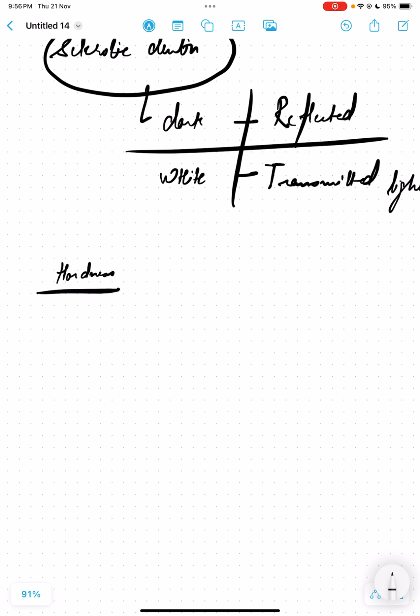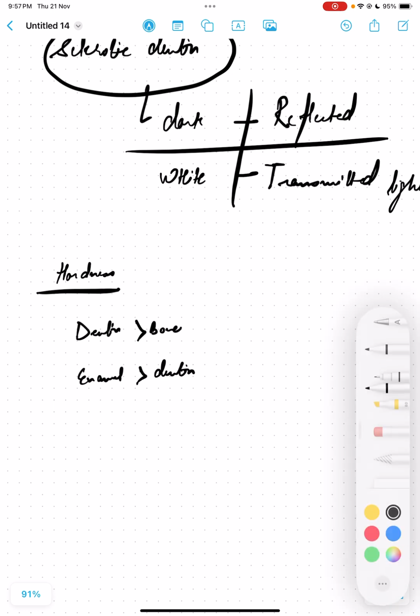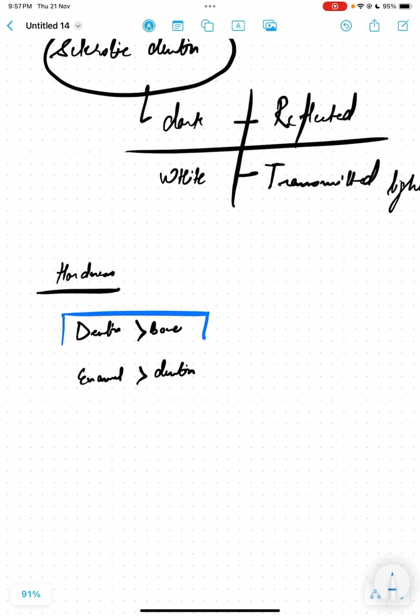We always get to know that bone is the hardest substance, but dentine is harder than bone, and enamel is harder than dentine. All of you have to remember this. Amongst bone and dentine, dentine is harder, but enamel is the hardest substance in our body.